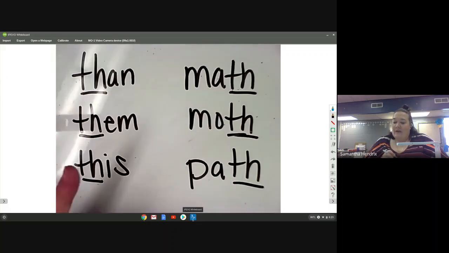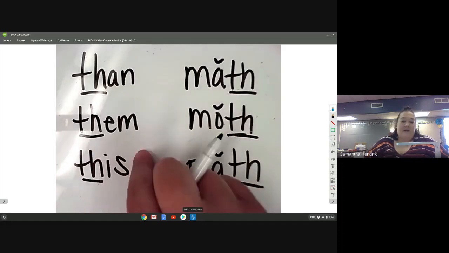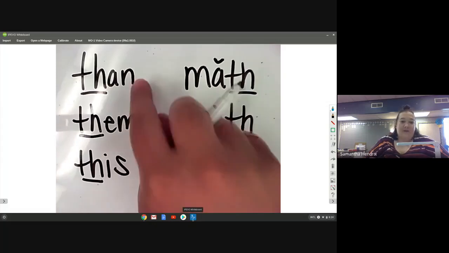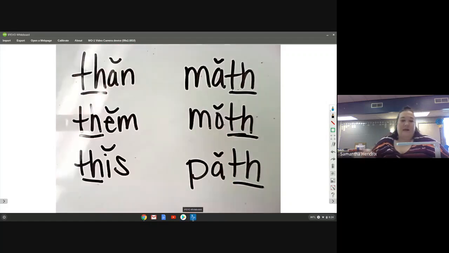Good. So if these are consonants, how do we code our vowels? Especially over here. Right, with a breve, because they're all followed by a consonant, the letter T, okay? Over here, how are we going to code our vowels? With a breve, because they're all followed by a consonant. Okay?